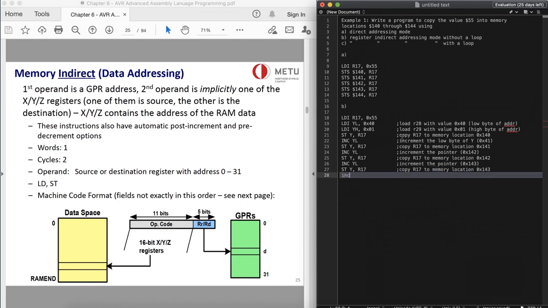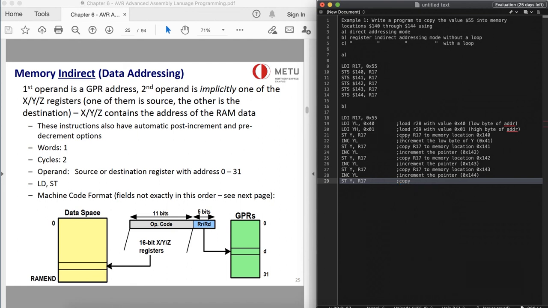And finally, we increment once more YL, and that should be increment the pointer, 0 hex 144, and store R17 into Y.